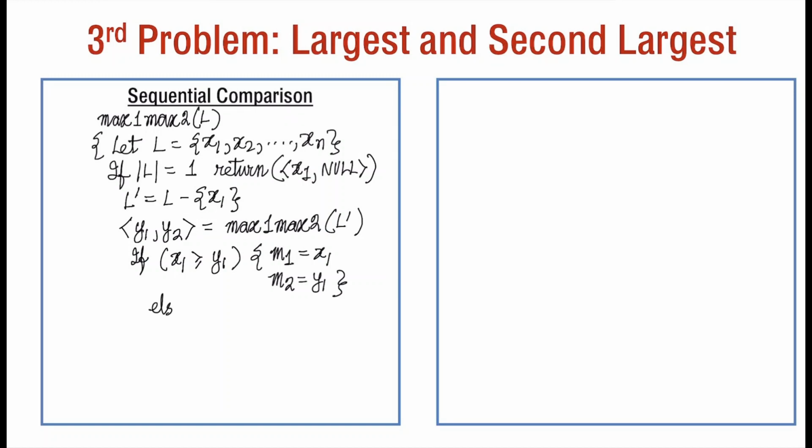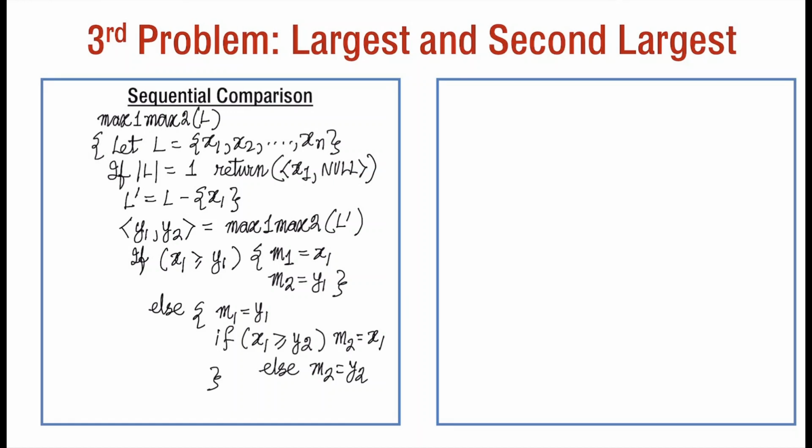Else we have m1 equal to y1, but now x1 has to be compared with y2 to determine what is m2. And if x1 is greater than or equal to y2, then we have m2 equal to x1, else m2 equal to y2.